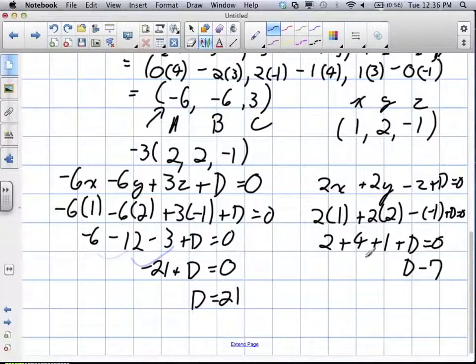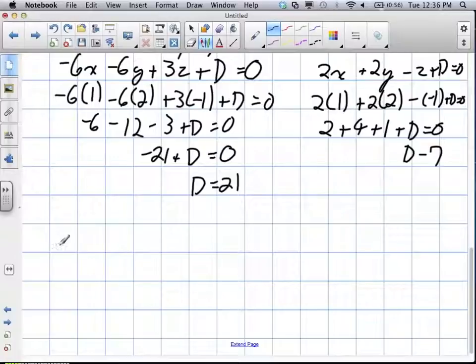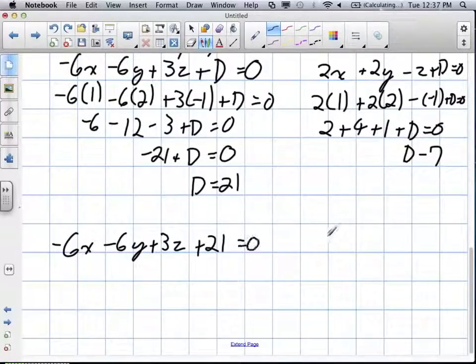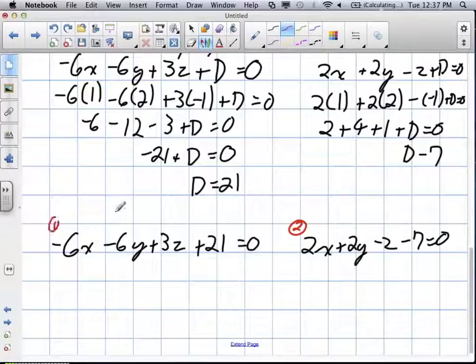Now, if you notice, the d values are both different, but there's a reason for this. We'll write the two out again: negative 6x minus 6y plus 3z plus 21 equals 0, along with 2x plus 2y minus z minus 7 equals 0. These look like two very different equations, but if I take the second one and multiply it by negative 3, I end up at the first one.